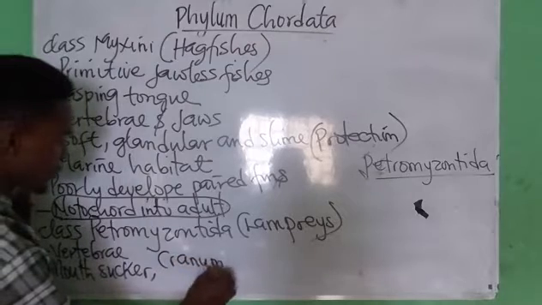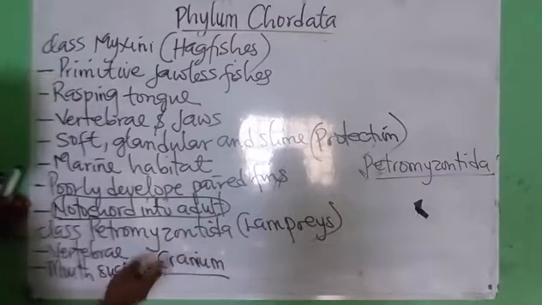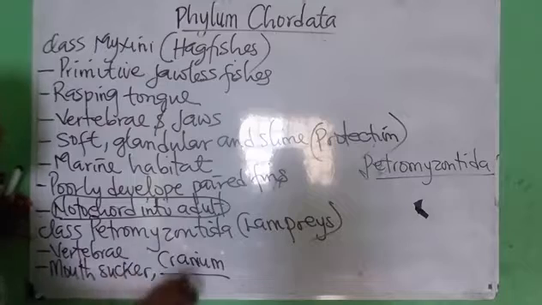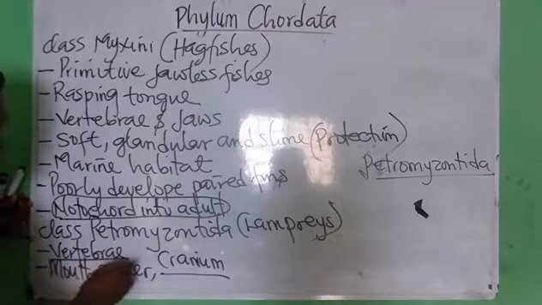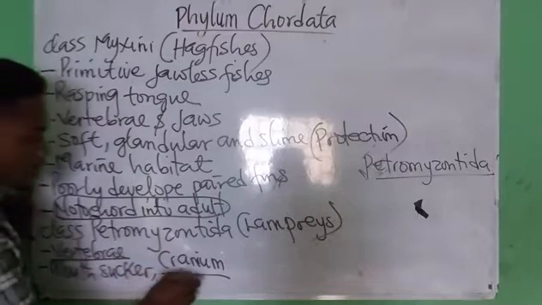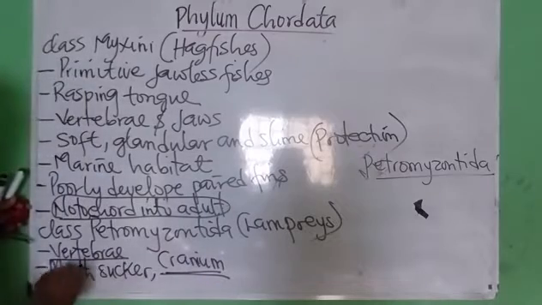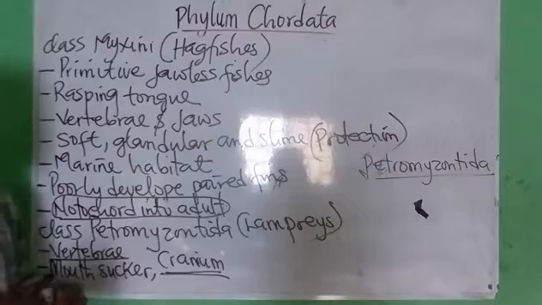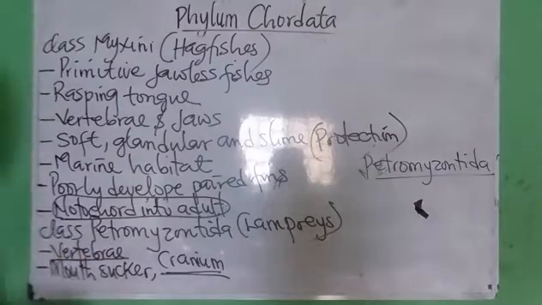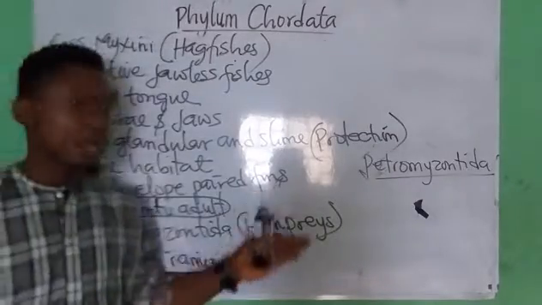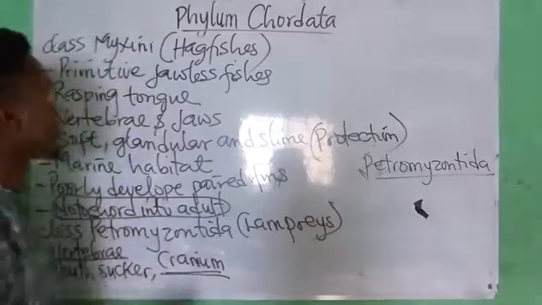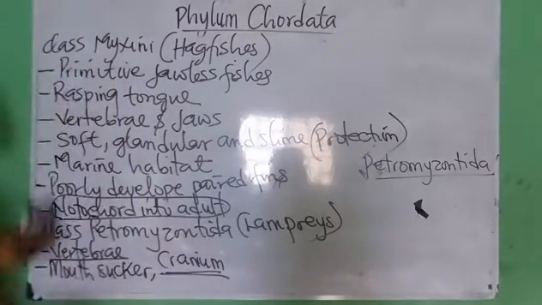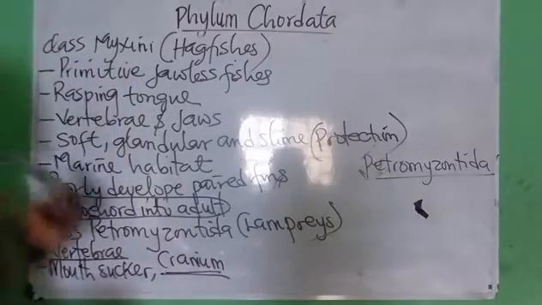They possess cranium. Don't forget that. They possess cranium, but they lack vertebrae. Do you understand that they possess cranium, which is the skull, but they lack vertebrae? So that is all about the class Petromyzontidae. Good example are the lampreys. Hope it's clear enough. Now, so we've treated the two classes under superclass Agnantha.